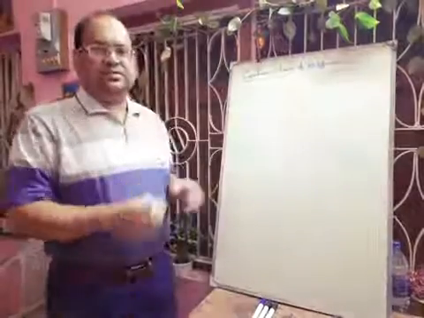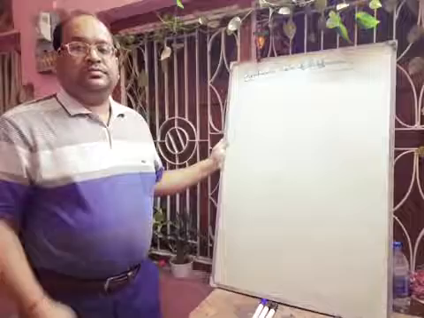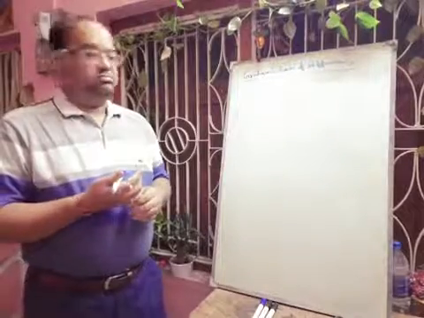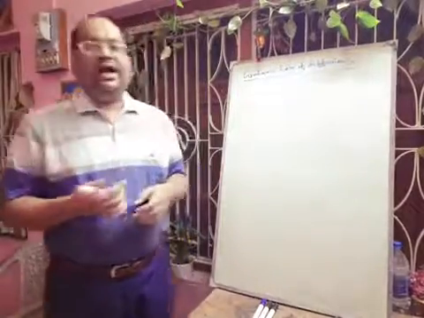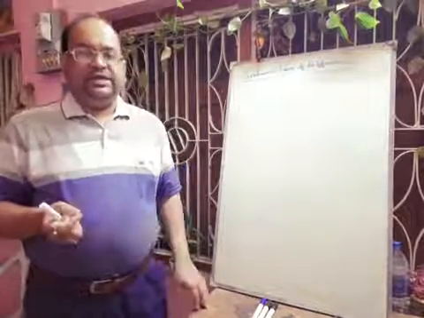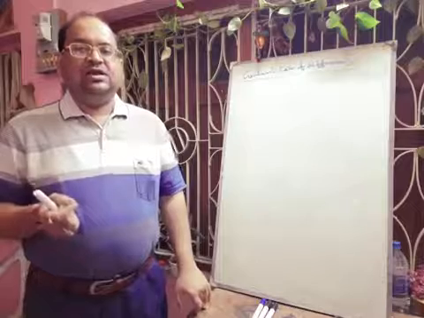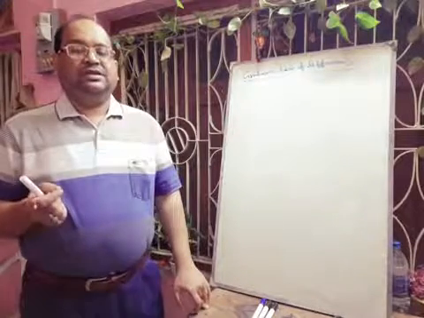Now, all of you know about diffusion. Under similar conditions of temperature and pressure, the rates of diffusion of gases are inversely proportional to the square root of their densities.